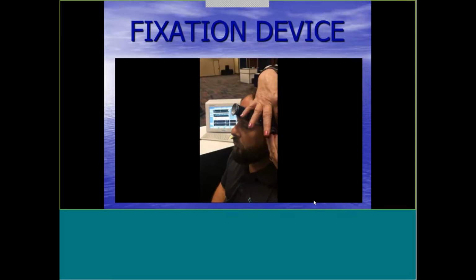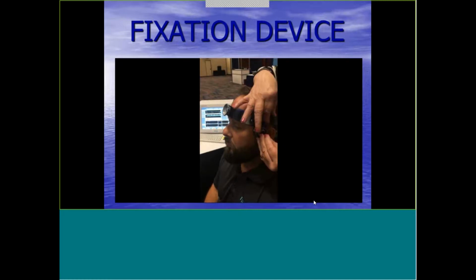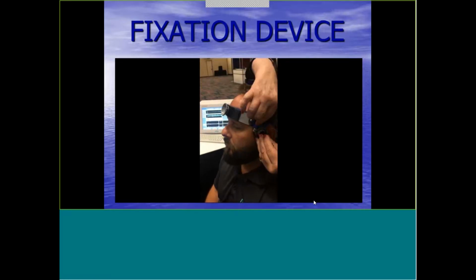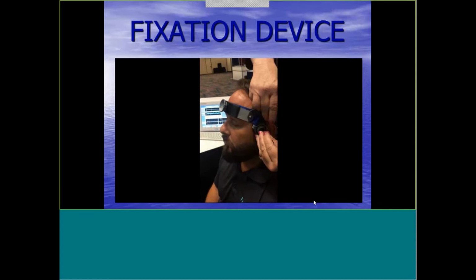And I'm going to tighten the blue knob. The blue knob holds the angle, and the black knob holds the actual position along the transtemporal window where I found the signal.